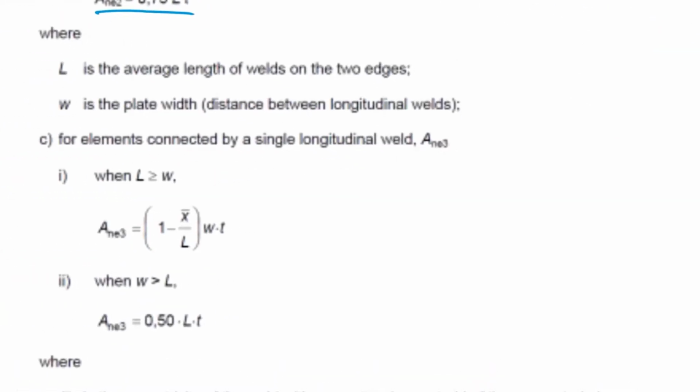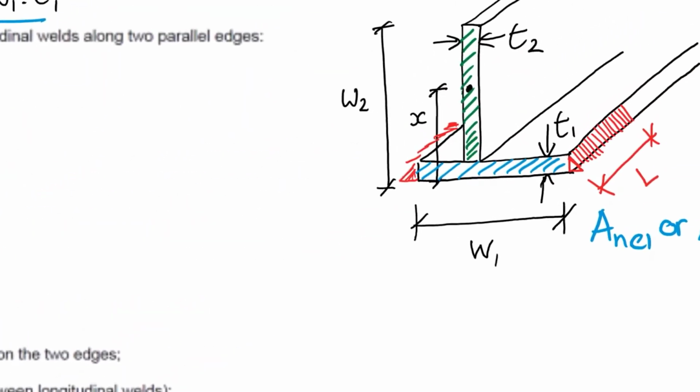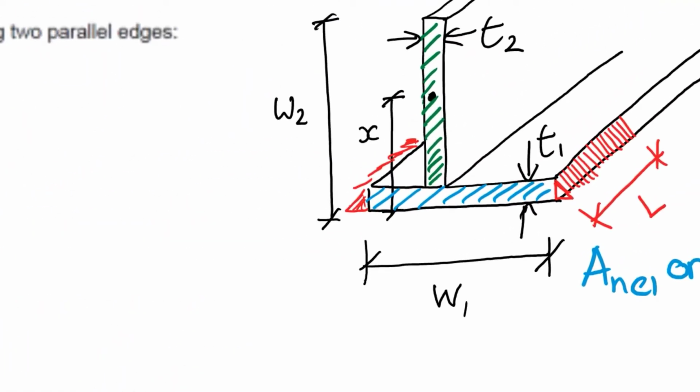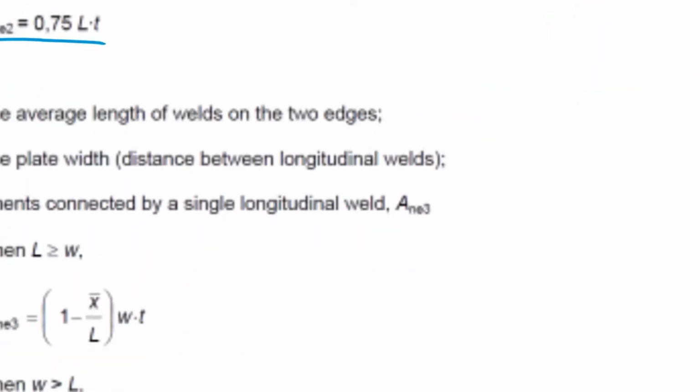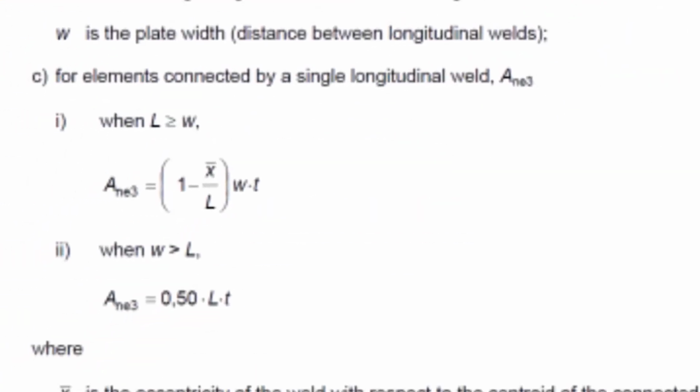And so we first need to work out what is the distance from the base where the weld is. So what is the distance from this plate, which it's welded to, to the middle of the green area. And that's why this X bar, you've just got to be careful with: X bar equals W2 minus T1 divided by 2.